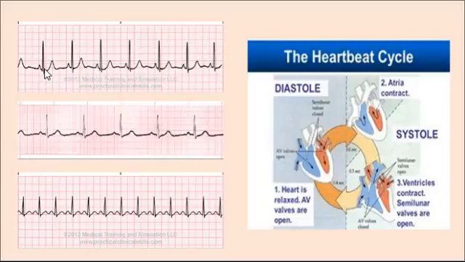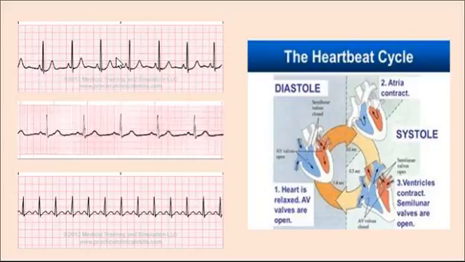I have a P QRS, P QRS, P QRS pattern all the way through. Do my P waves all look the same? Yes, they do. So it is coming from the same place from my SA node going through my ventricle followed by a T. So I have this regular pattern that's coming from sinus somewhere. So I have some sort of sinus rhythm.